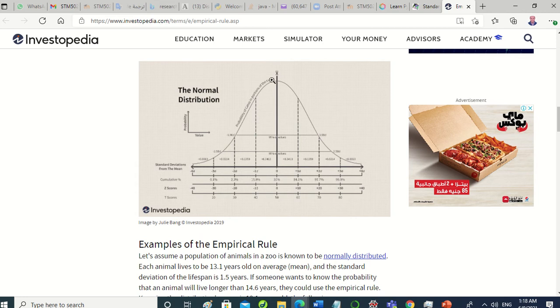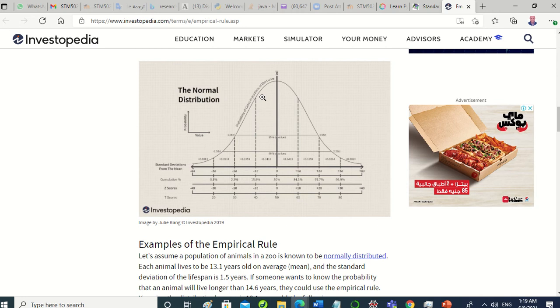The maximum value is here, and the lowest is in the terminals. Between the lowest values and the maximum values, there is a range of values from low to high. So we have the right and left hand curve. So this is a normal distribution.